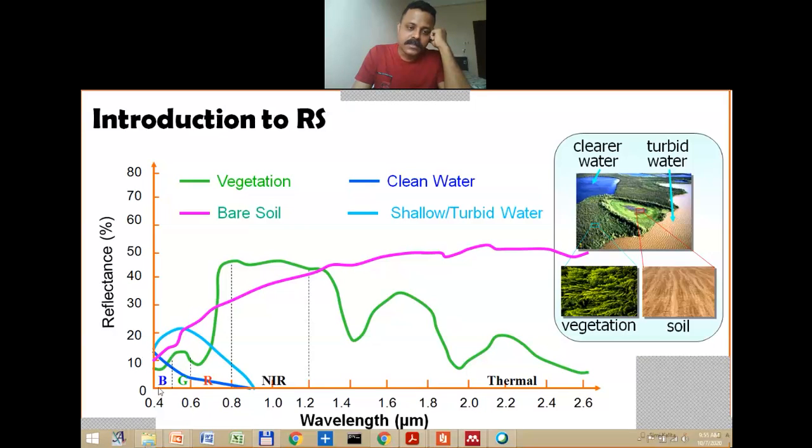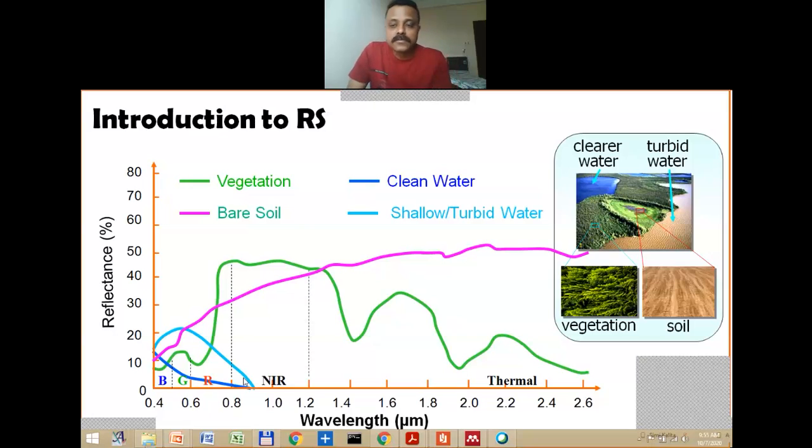Then towards the greener side, this keeps on increasing, and in the red zone it reaches a maximum. So it's a mixture of green and red where you expect a higher reflectance. Then it drops. In the near infrared zone, we do not see a lot of response from either clear water or turbid water.